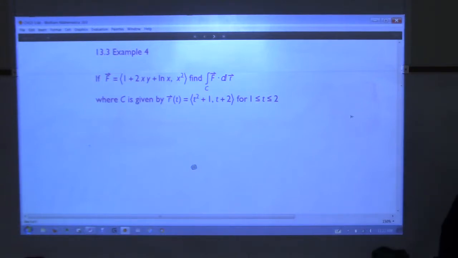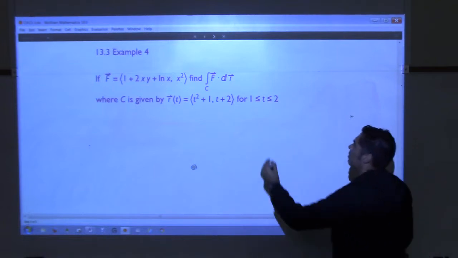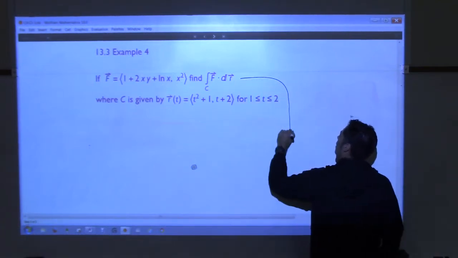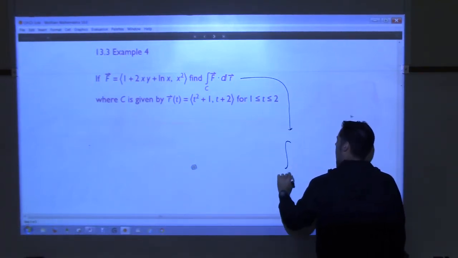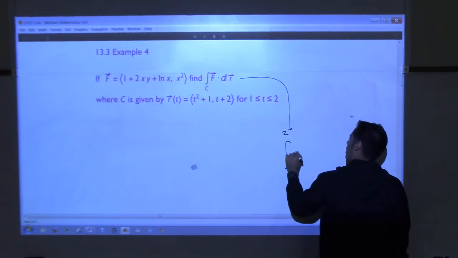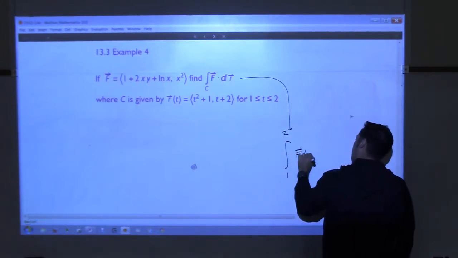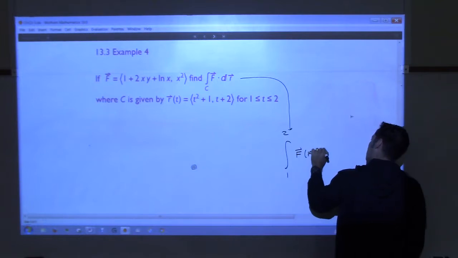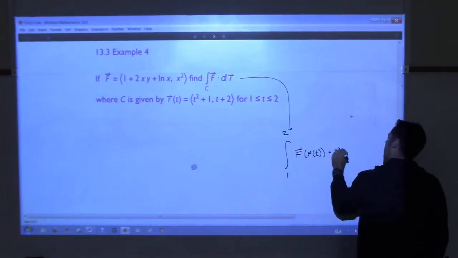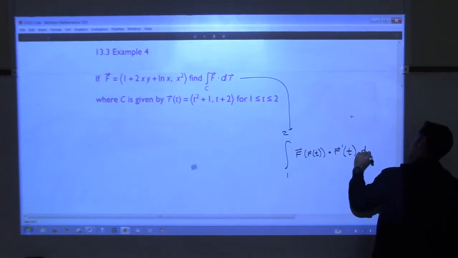So we could do the hard way, which would be to do this. We can make this the line integral from 1 to 2 of f evaluated at the curve dotted with the derivative of the curve with respect to t.